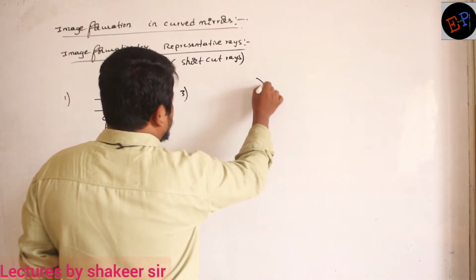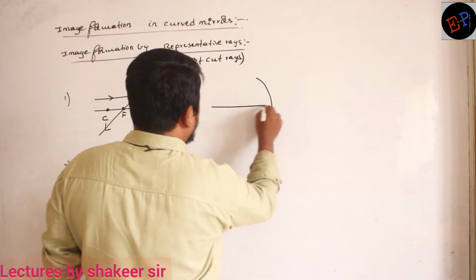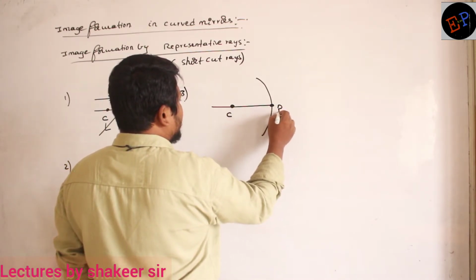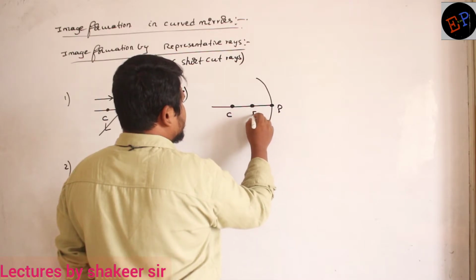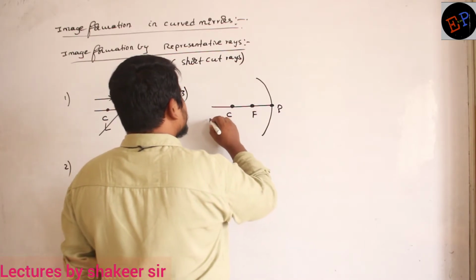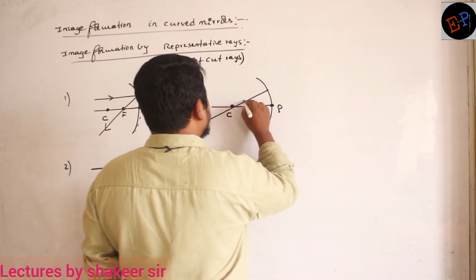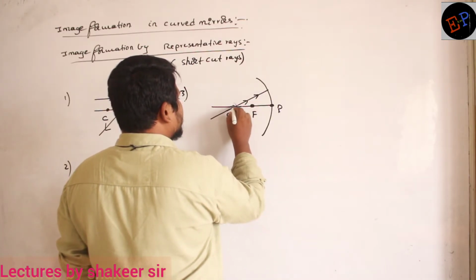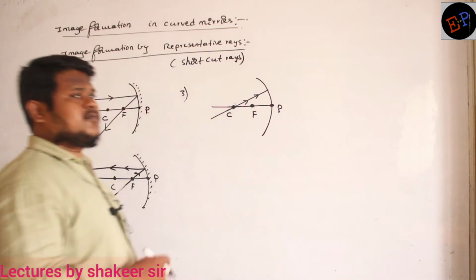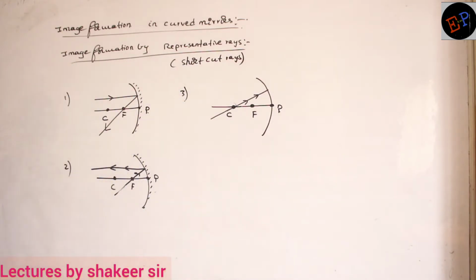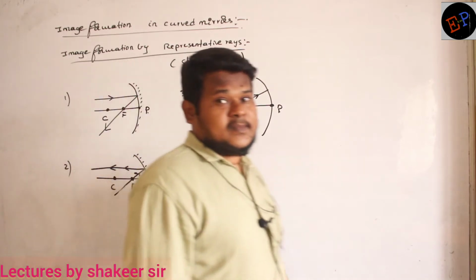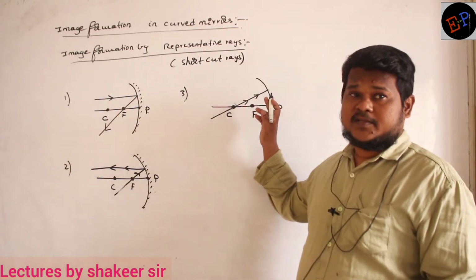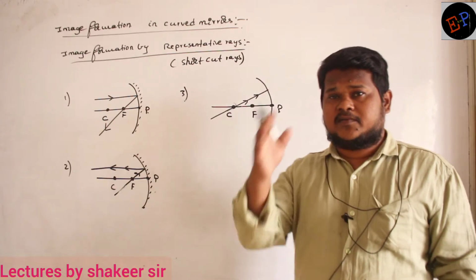So consider this is a curved mirror. This is the center of curvature, this is the pole, and this one is the focus. Then a light ray passing through the center of curvature, after reflection, how should it pass? Can you say? A light ray passing through the center of curvature, after reflection, how will it reflect?